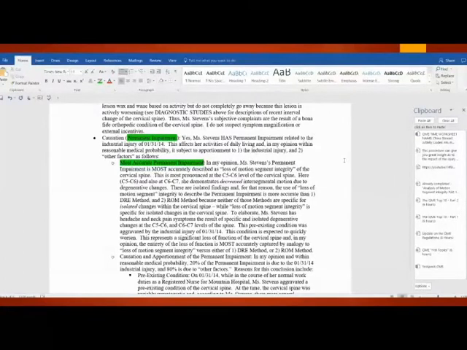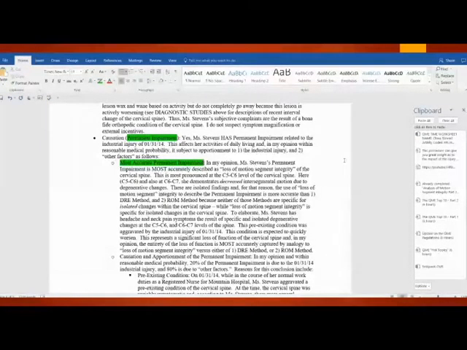These are isolated findings, and for that reason, the use of loss of motion segment integrity to describe the permanent impairment is more accurate than the DRE method and more accurate than the range of motion method, because neither of those methods are specific for isolated changes within the cervical spine, while loss of motion segment integrity is specific for isolated changes in the cervical spine.